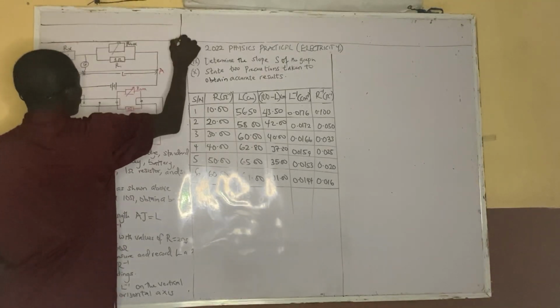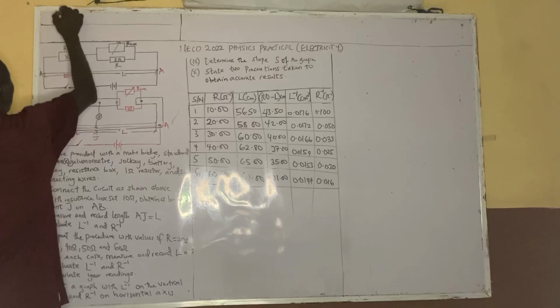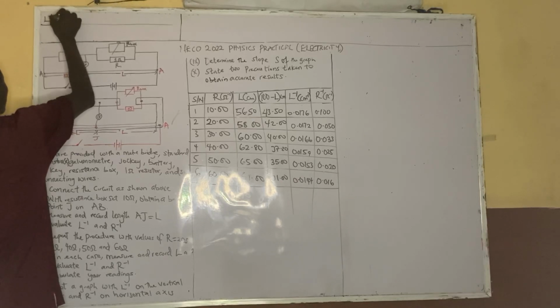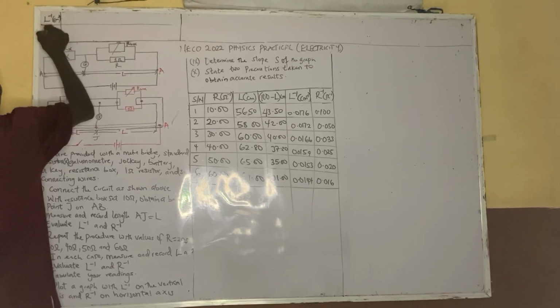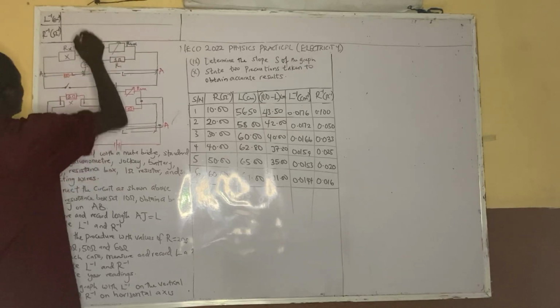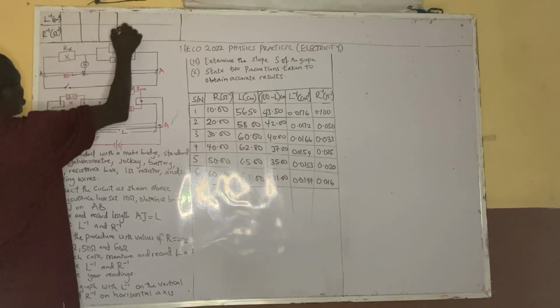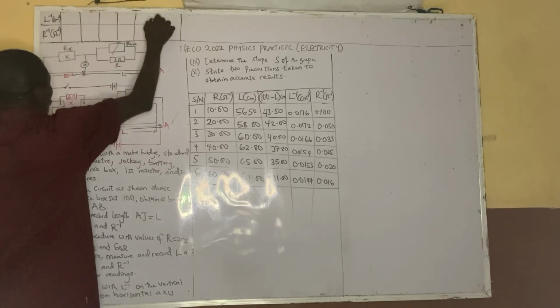So I'm writing it here now. I'm having L inverse on the vertical axis, which is per centimeter, and R inverse, that is resistance inverse. So we have 1, 2, 3, 4, 5, then 6.